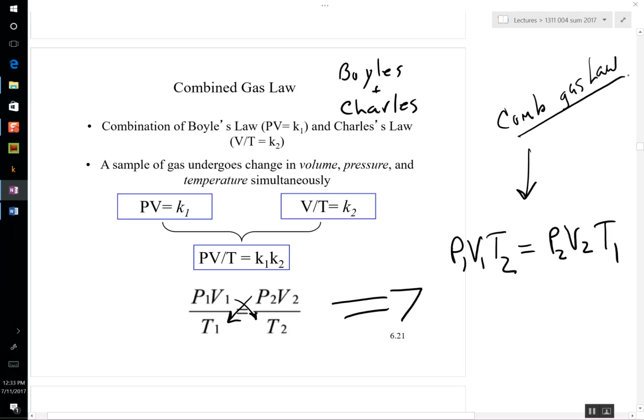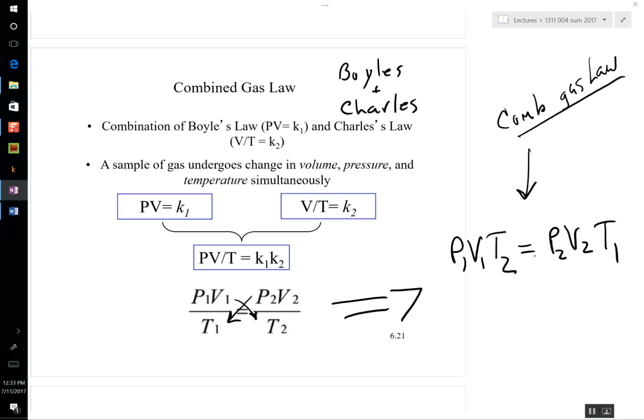But combined gas law problems, you need to be given 5 of these 6 parameters to solve a combined gas law problem.